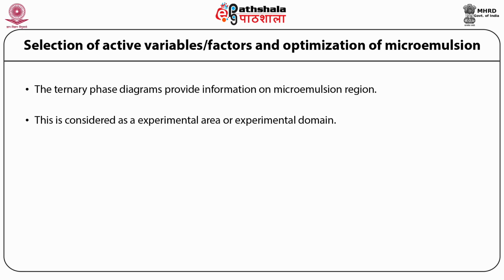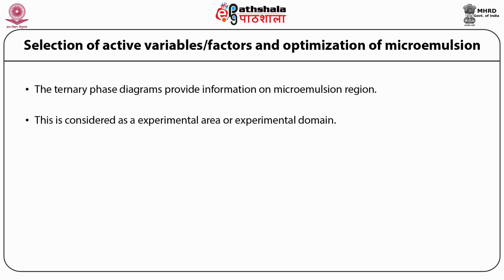Active variables are the composition, concentration or level of the oil phase, the level of surfactant, and the level of co-surfactant or its mixture, whichever we have taken for determining the microemulsion area.